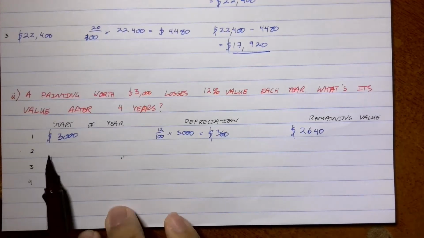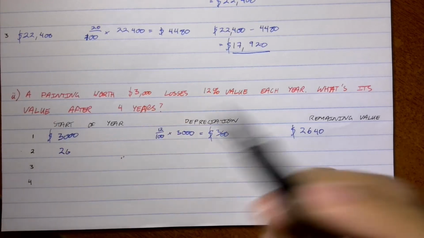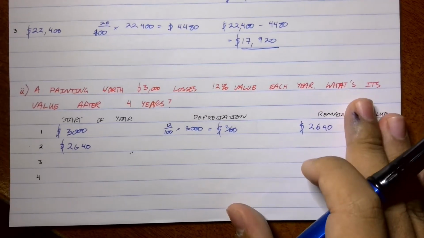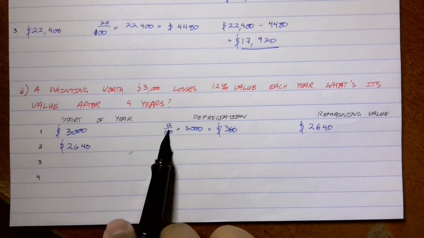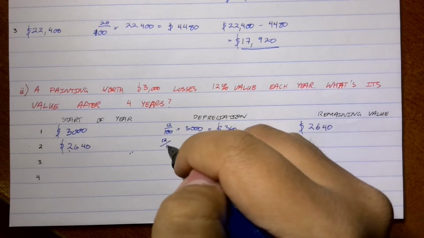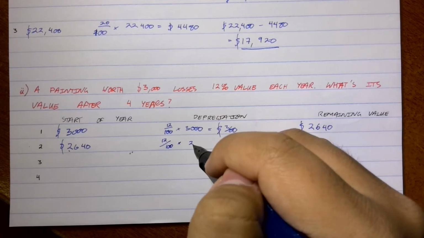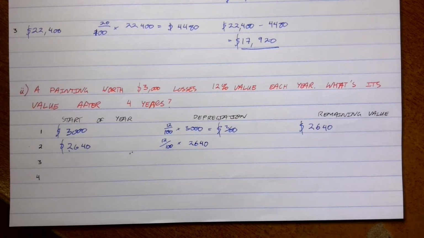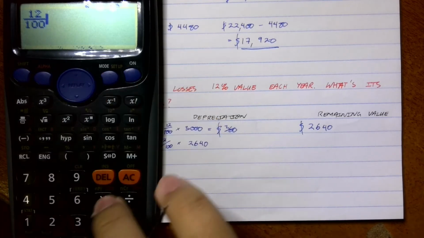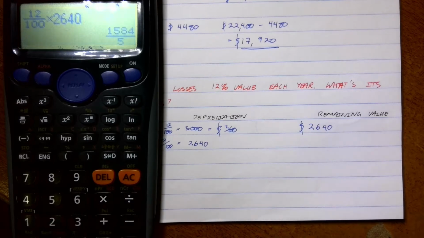Now at the start of the next year, with 2,640, it's going to lose 12% again of this amount. So 12 over 100 times 2,640.